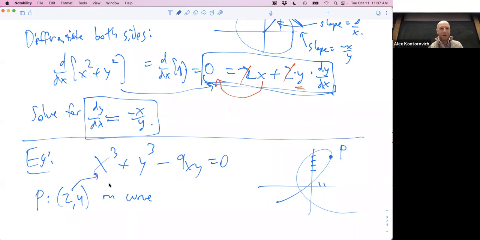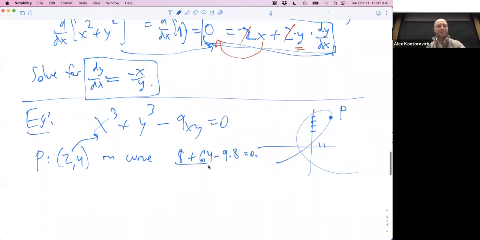If I take 2 and I cube it, that's 8, plus 4 cubed is 64, minus 9 times 8 is 72, equals 0. Good. So that is indeed a point on the curve, because when x is 2 and y is 4, that satisfies this equation. Let's differentiate.